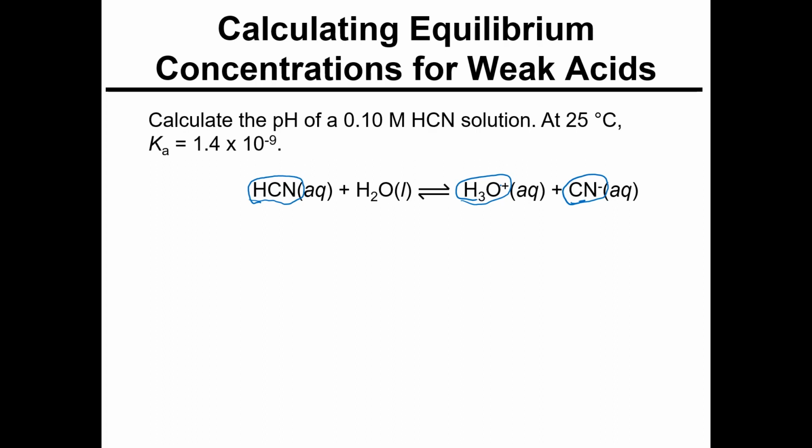So let's start by writing the expression for Ka. So Ka is going to be equal to H3O plus times CN negative over HCN. And we're going to make an ICE table because we're going to have to calculate the concentration of H3O plus.